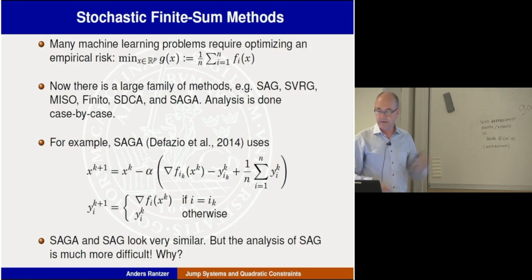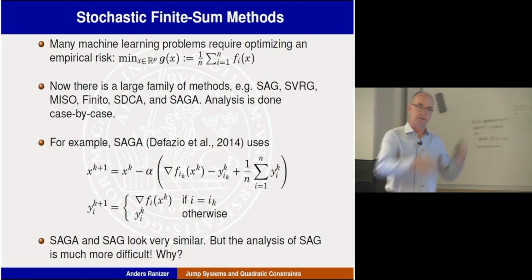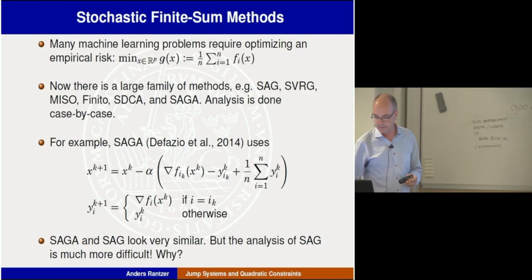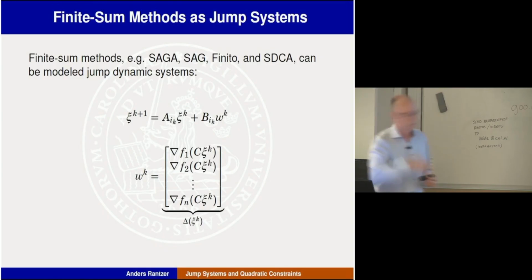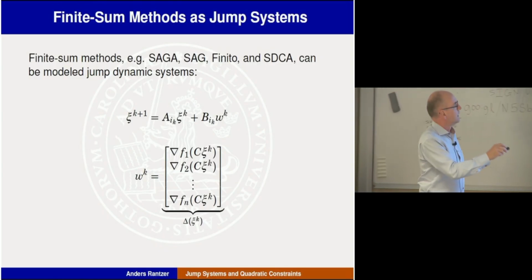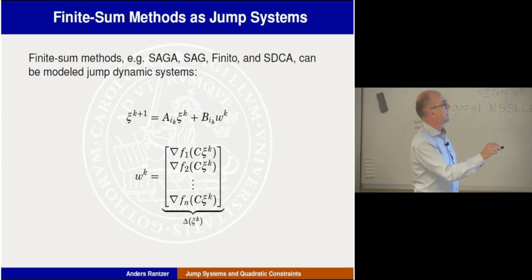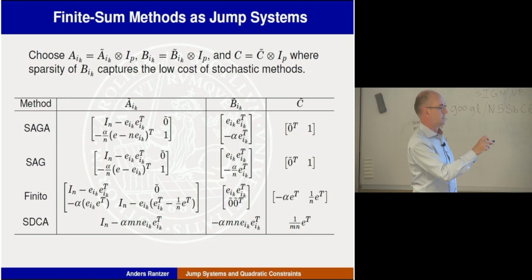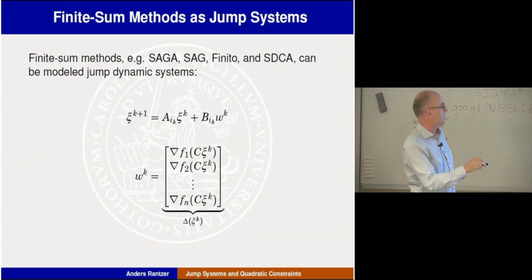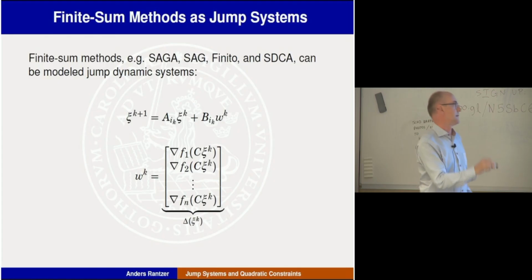So all of these methods now fit into this context of a dynamic jump system. So we have a linear part, which is random, and a non-linear part, which is the computation of gradient.